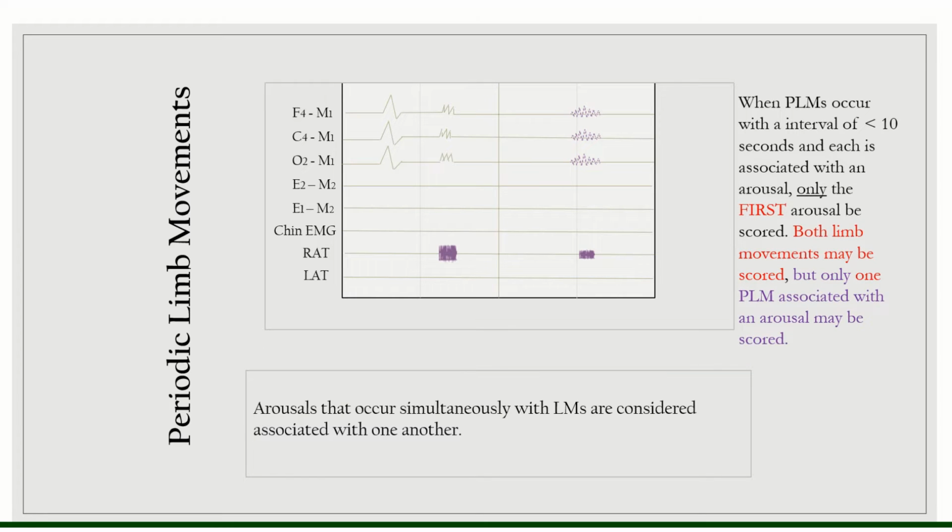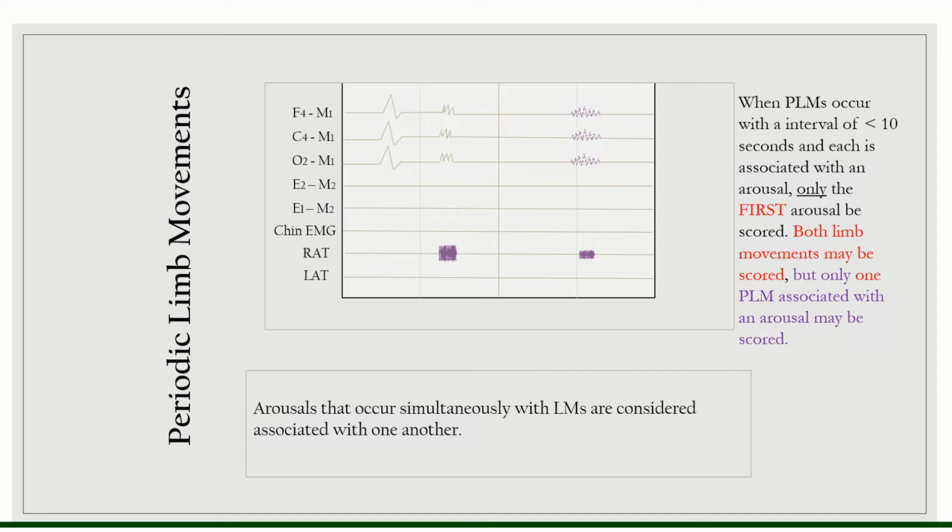When periodic limb movements occur with an interval of less than 10 seconds, and each one is associated with an arousal, only the first arousal should be scored. Let me say that again. You have several periodic limb movements, and each one is happening less than 10 seconds away from each other.